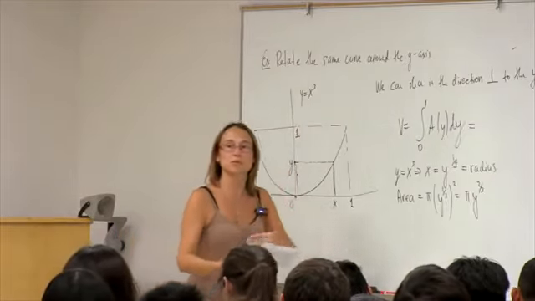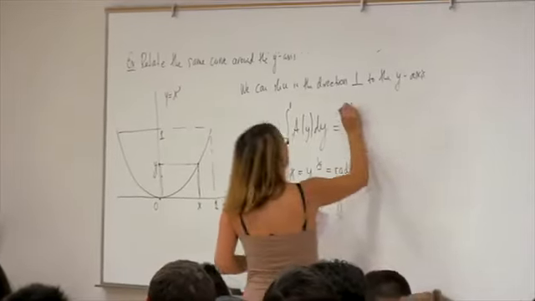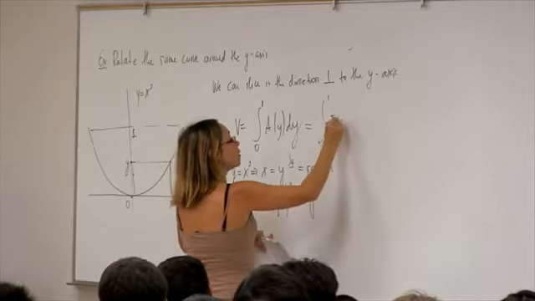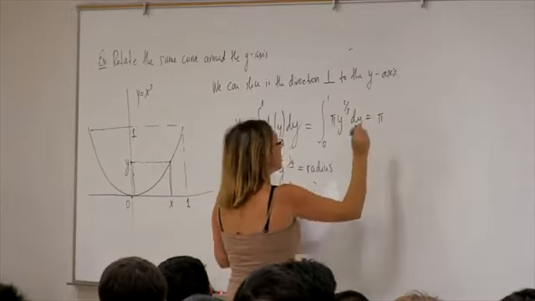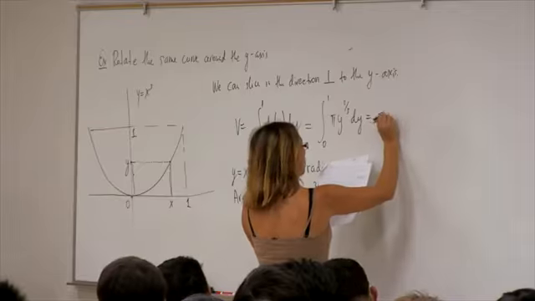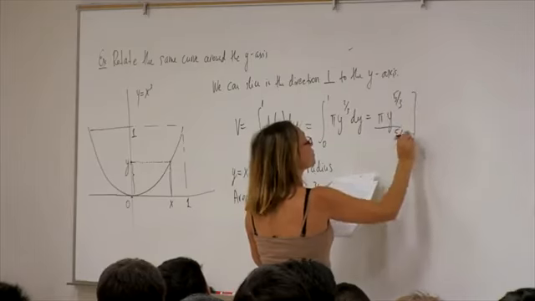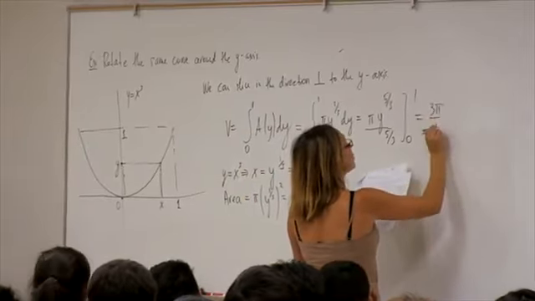You kind of have to resolve everything in terms of y. So now the hardest part is over, and I just write down the formula, pi y to the 2/3. So pi y to the 5/3 from 0 to 1, which gives 3 pi over 5.